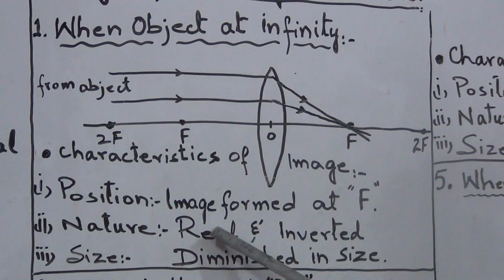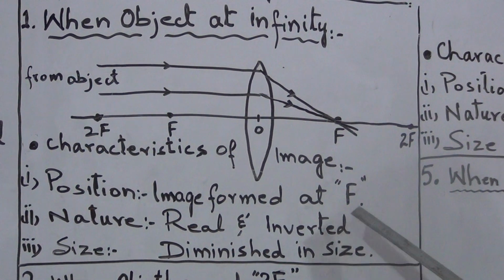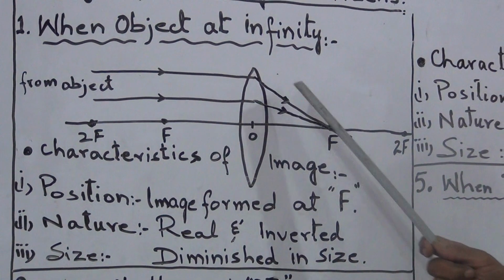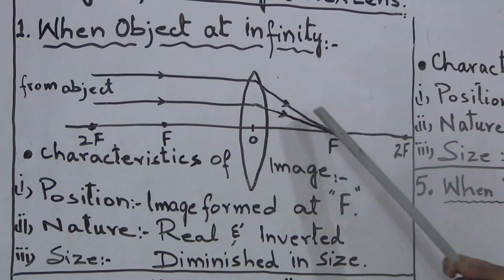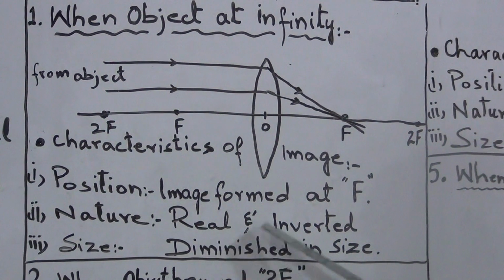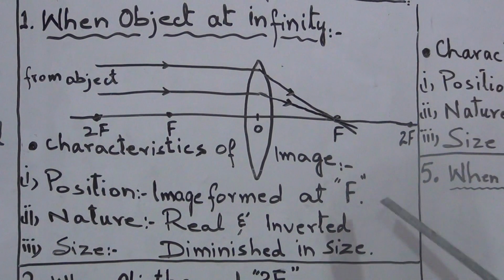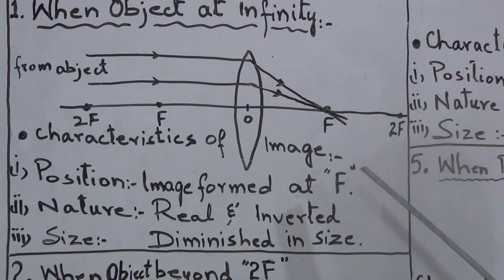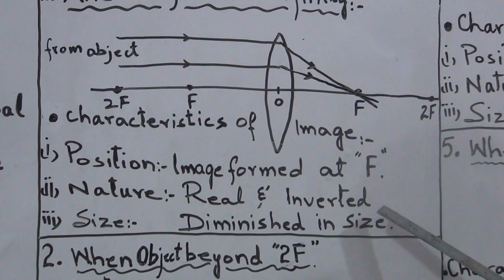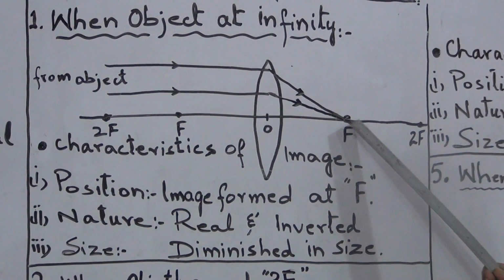In this case, the image is formed at the principal focus, which is known as F. Nature: real and inverted, because there is real intersection of refracted rays, not imaginary. Therefore the image will be real and inverted. Size: diminished in size. As you know, small, smaller, smallest, and the fourth degree is diminished. Diminished in size, which is unseeable with the naked eye.